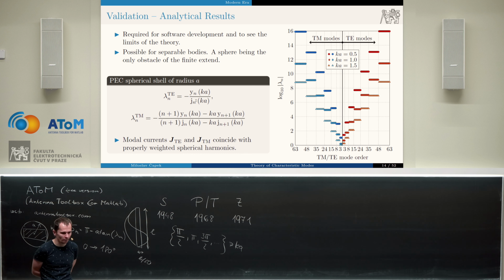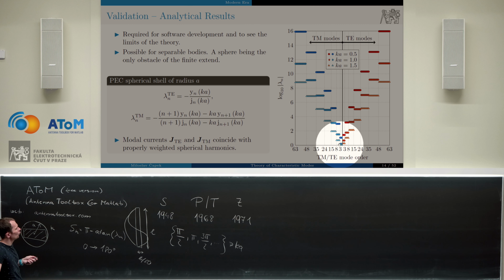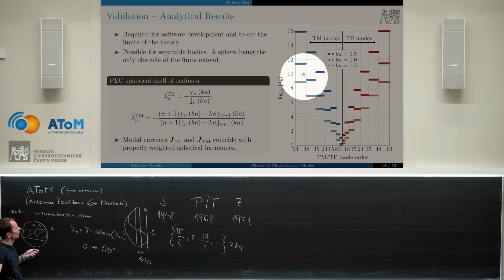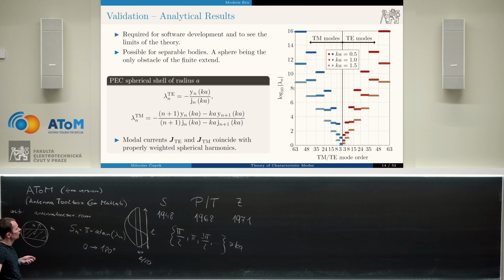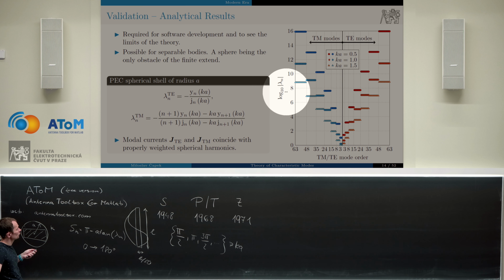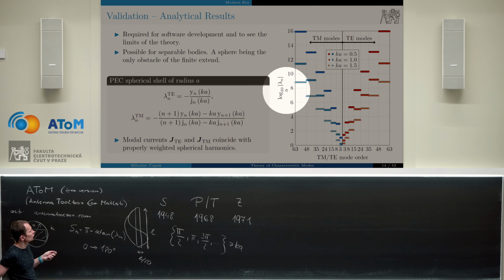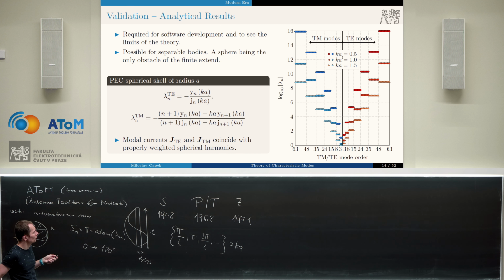Here you can see how the eigennumbers behave when you increase the modal order of TM or TE wave. And once again, you can clearly observe that the increase of the eigennumber is extremely rapid. Just let me notice that once again, everything is in logarithmic scale. And you can also see how it varies for different ka.